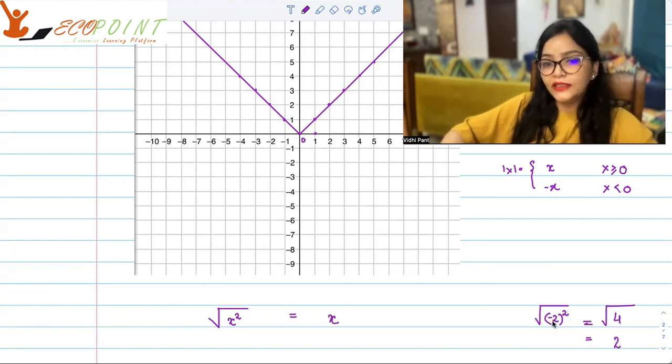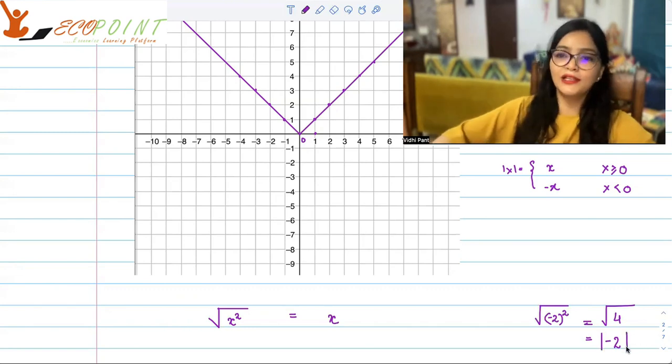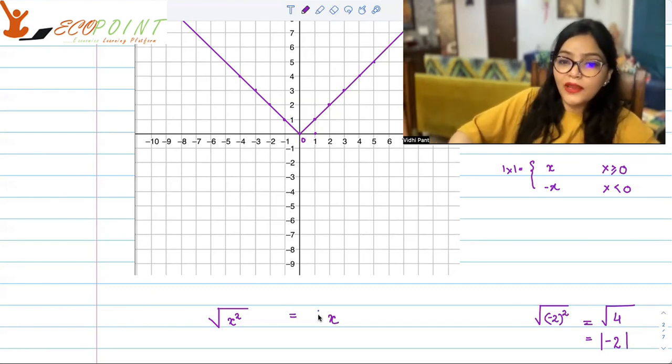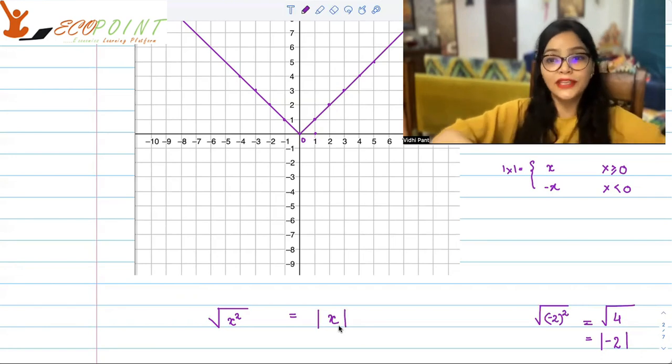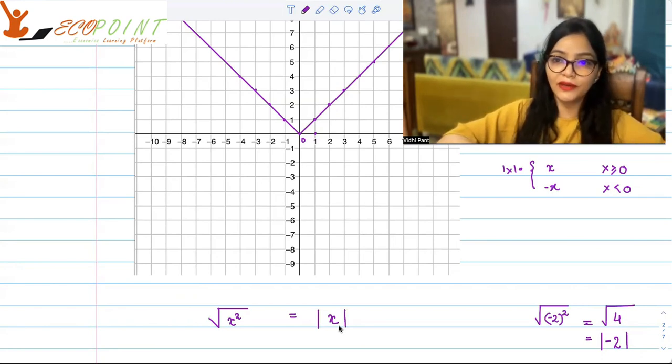But I knew that the input here was -2. It was (-2) squared. So the correct answer is that we are taking the absolute value of -2. So the square root of x squared is modulus of x. You can foresee this function as the square root of x squared.